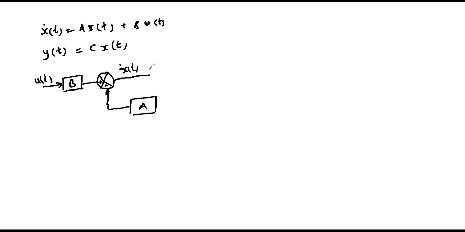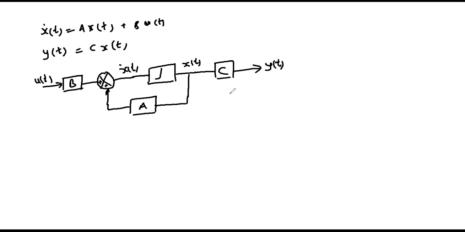We have an integrator to get back our x of t, feed back into the system, and then we pass x of t through C to get our output y of t. And this has been the block diagram representation of the state space model of any given system.